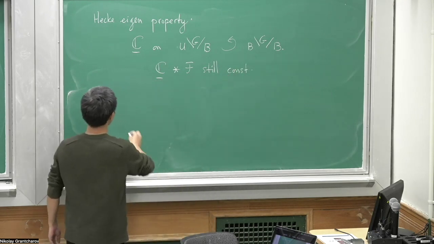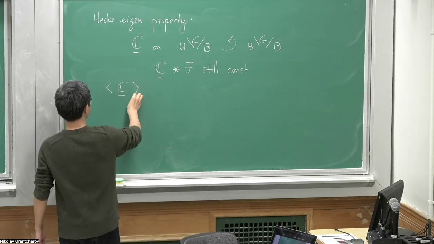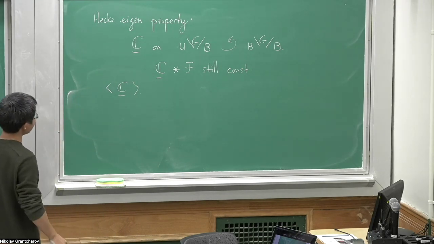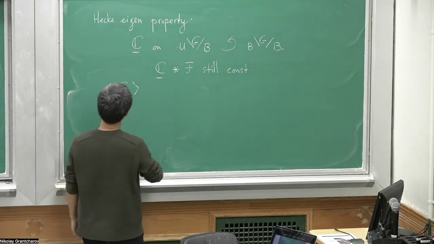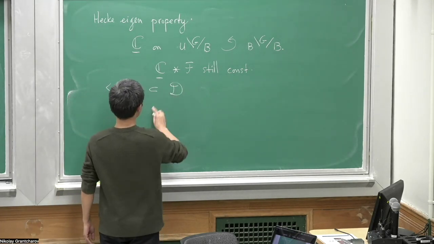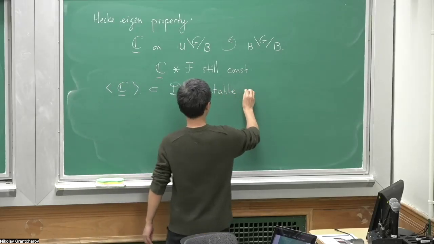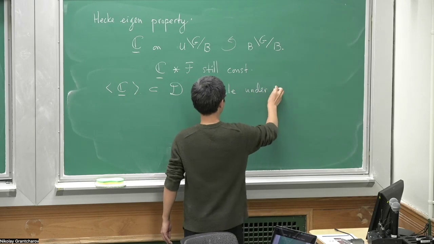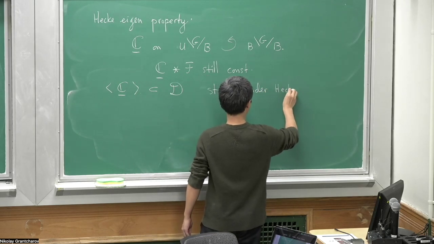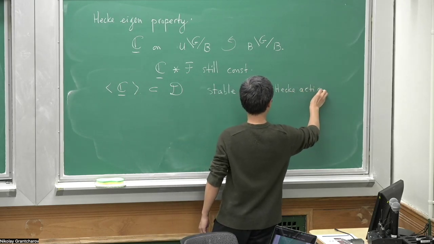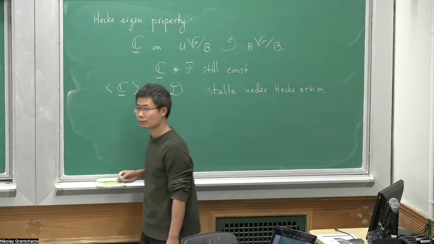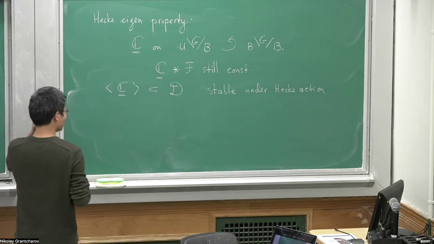In other words, if I look at the subcategory generated by the constant sheaf and shifts, this is stable under the action on the right.